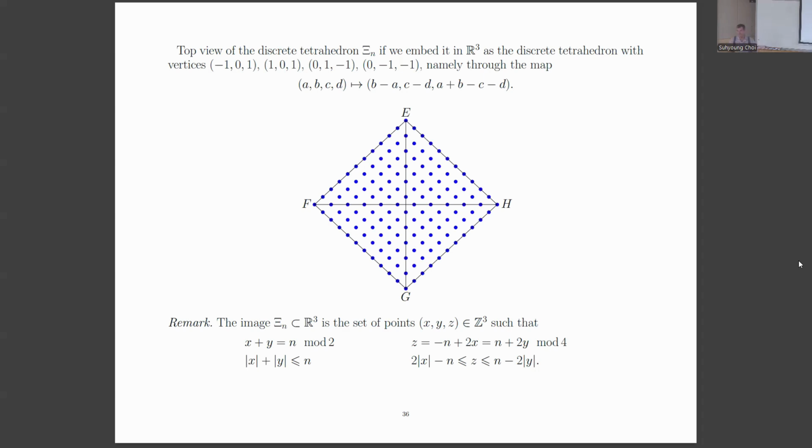When you do integers, we may have congruence problems. And then Z ranges from the two faces below to the two faces above. You try to figure out what that is, and that gives you this.